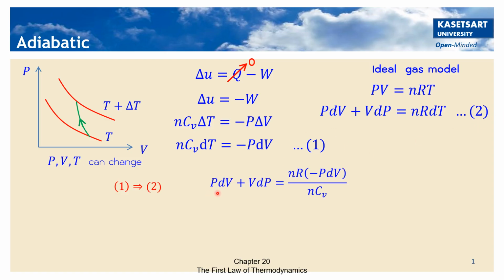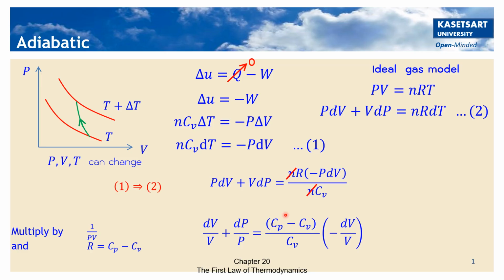Then you have PdV plus VdP equal to nR times minus PdV divided by nCv. And n is cancelled out. Then you multiply this equation by 1 over PV and substitute R equal to Cp minus Cv.